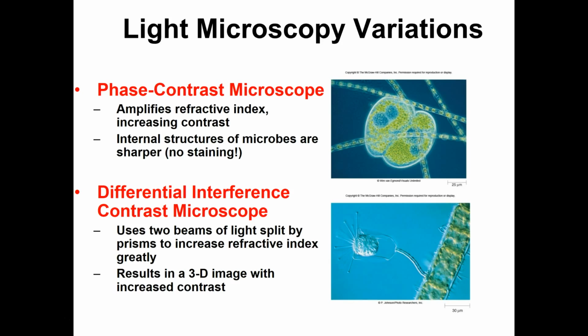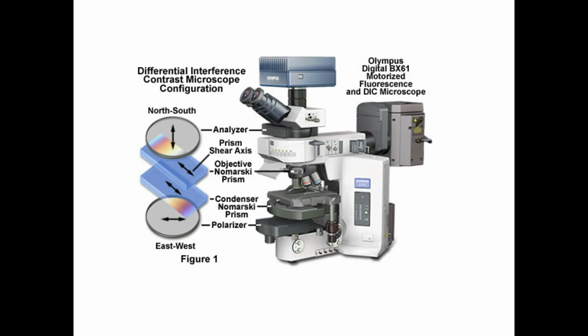Now, another variation on light microscopes are differential interference contrast scopes, DIC scopes. I've seen these as well. They're pretty neat, they're fairly large, and I have a picture of one right here. So this microscope is a little different than our scope because it utilizes multiple prisms. And folks, if you've never played with a prism, prisms are pieces of glass that allow you to split beams of light.